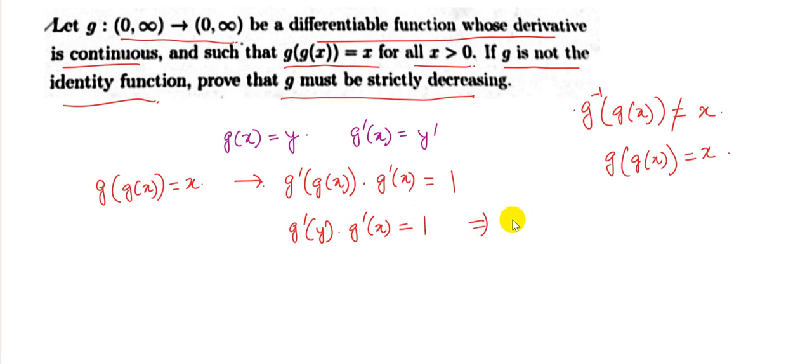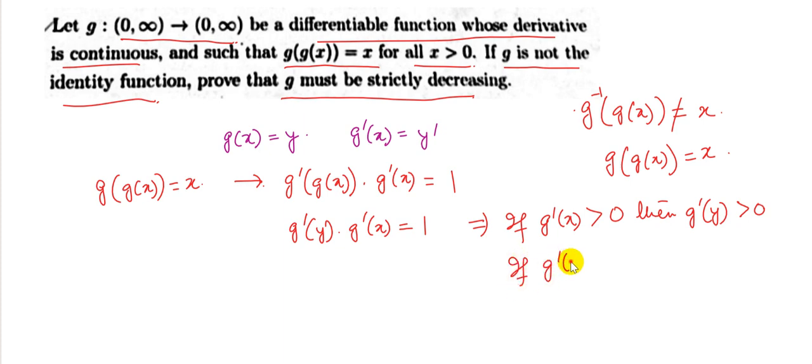This implies if g dashed x is greater than 0, then g dashed y will also be greater than 0, and if g dashed x is less than 0, then g dashed y will also be less than 0. So which means that the signs of g dashed x and g dashed y will be the same.